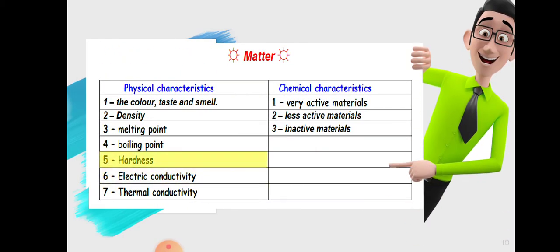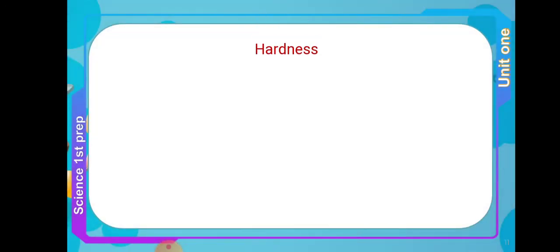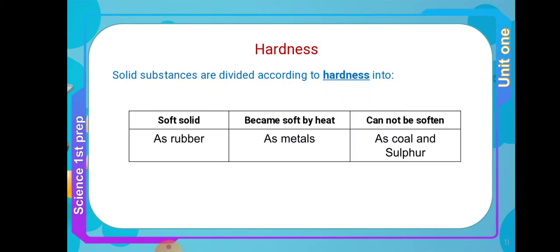Now we are going to study physical property number 5. It's called hardness. Solid substances are divided according to hardness into soft solid substances such as rubber.